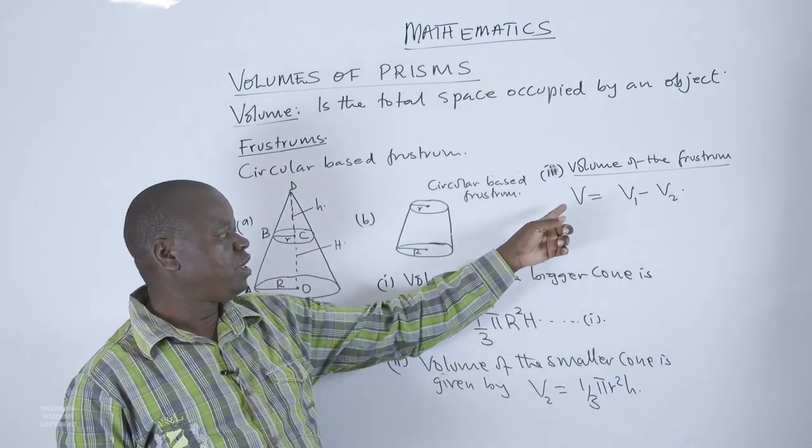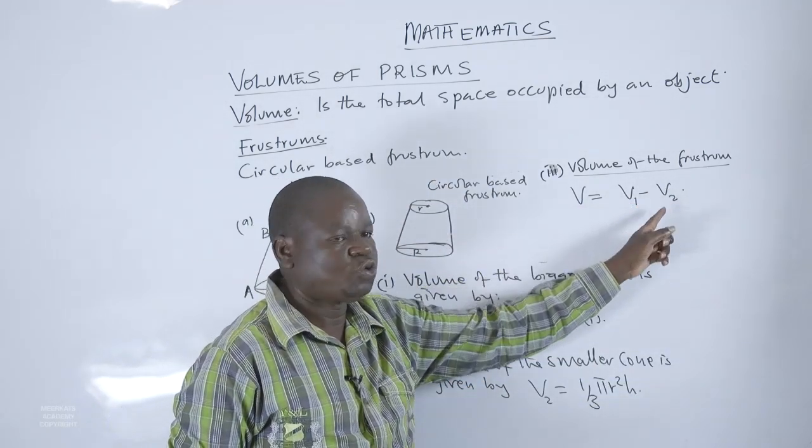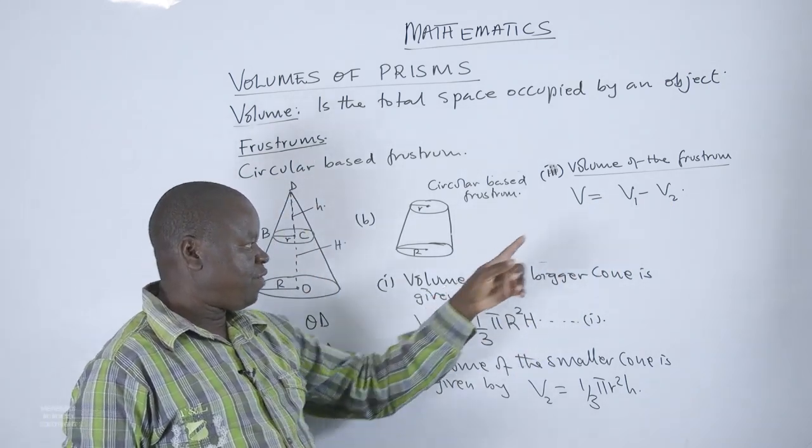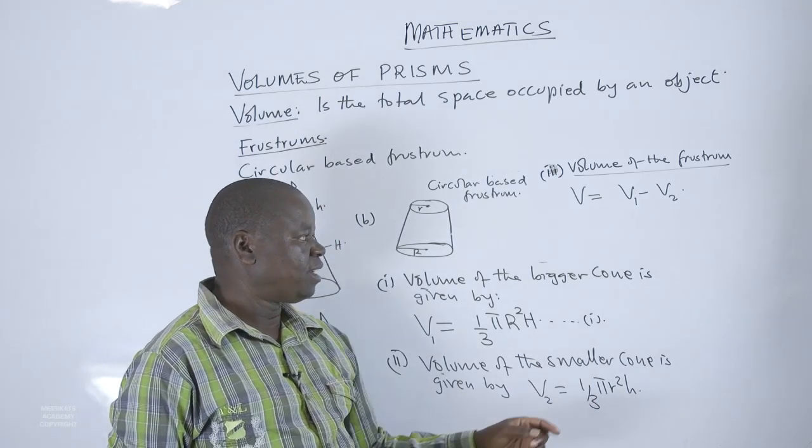Volume of the frustum V is equal to V1 minus V2, where V1 is the volume of the bigger cone and V2 is the volume of the smaller cone.